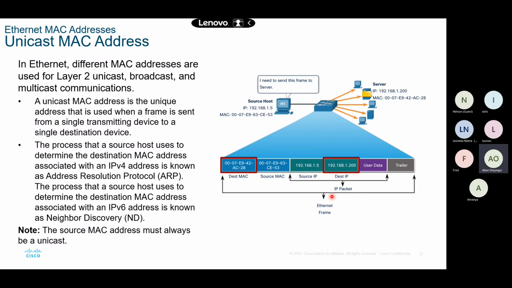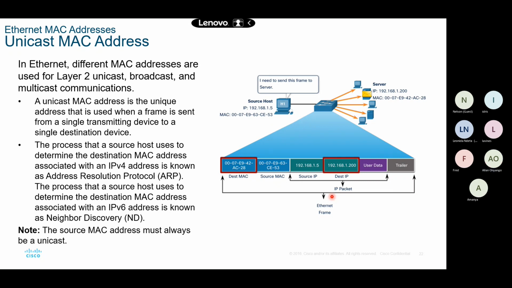We have the unicast MAC address, which is used for one-to-one communications, just like we saw with unicast IP addresses. One device or gadget to another gadget.